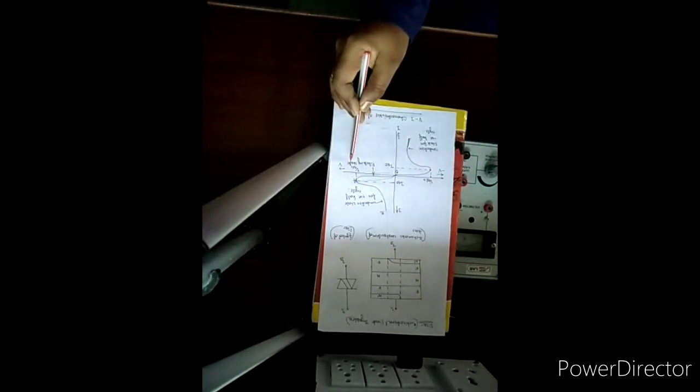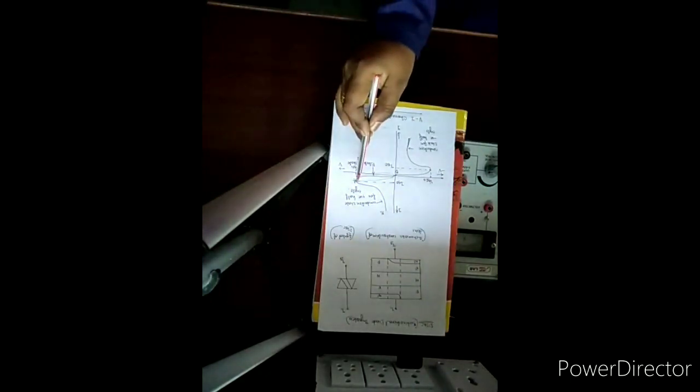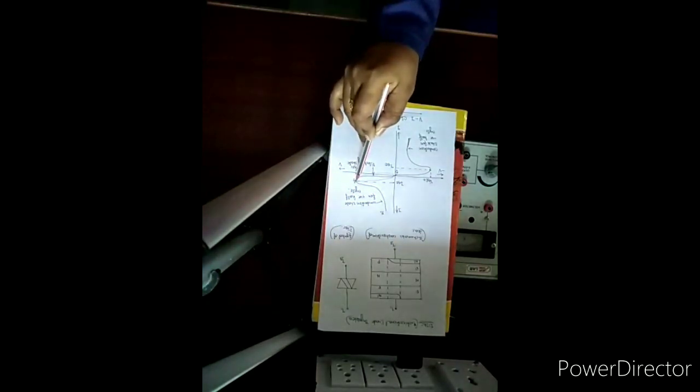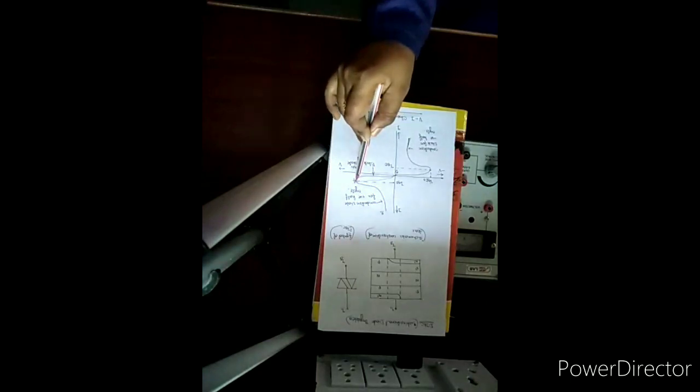Now at point A, when the voltage level reaches the breakover voltage, the device starts conducting. At this point the diode is conducting. Now what is the breakover voltage? Conduction occurs in the diode when the breakover voltage is reached in either polarity across the two terminals.